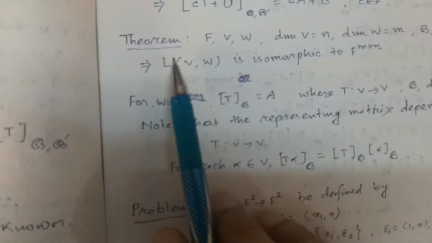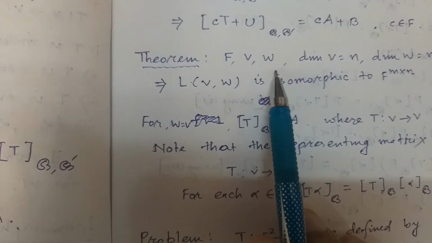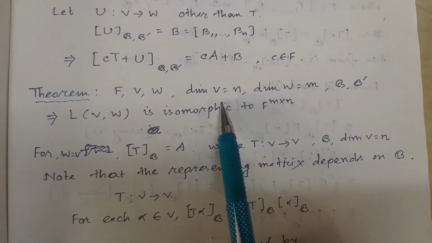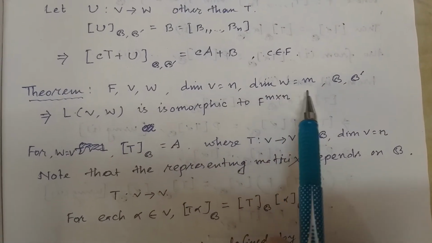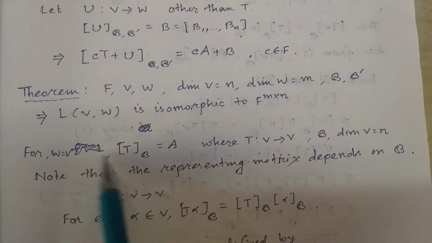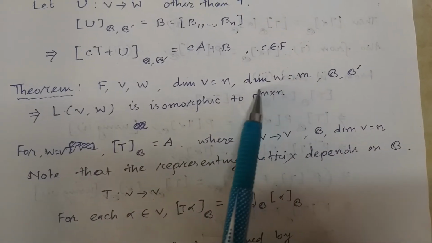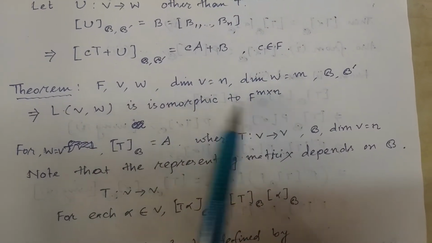Next theorem. Let F be a field, V and W are two finite dimensional vector spaces over the field F, dimension of V equal to n, dimension of W equal to m, B and B dash are two ordered bases. Then the vector space L(V, W) and the vector space M(m cross n) are isomorphic.